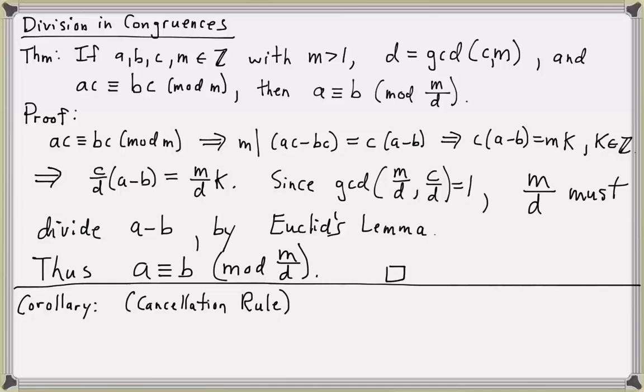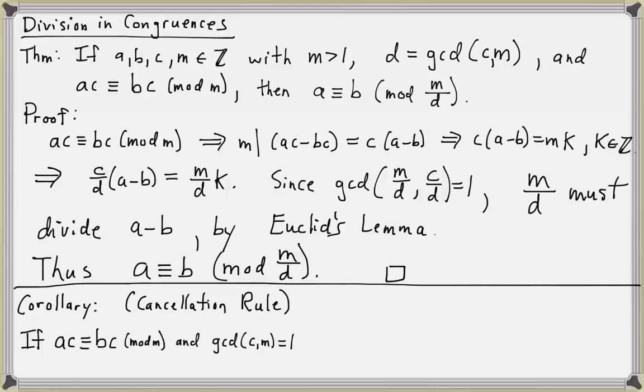By the previous theorem, we can conclude that if AC is congruent to BC mod M, and C is relatively prime to M, so the GCD of C and M is 1, then we can cancel the C from both sides.